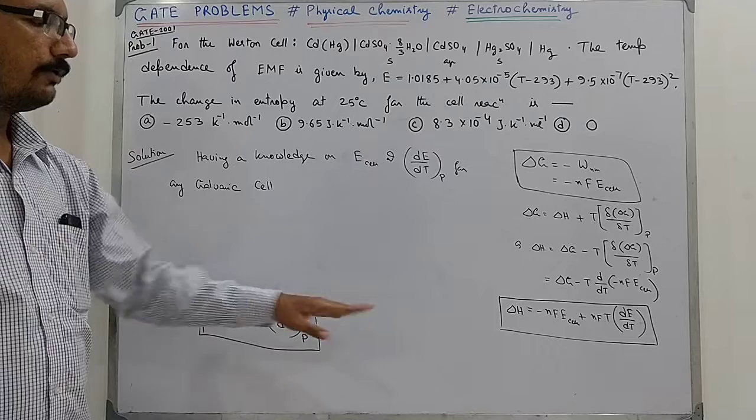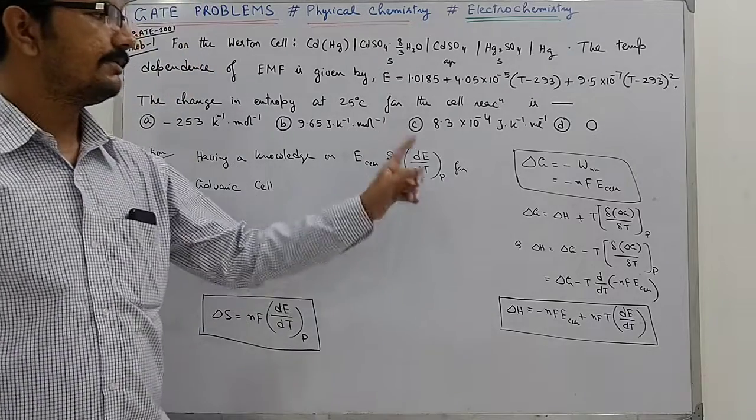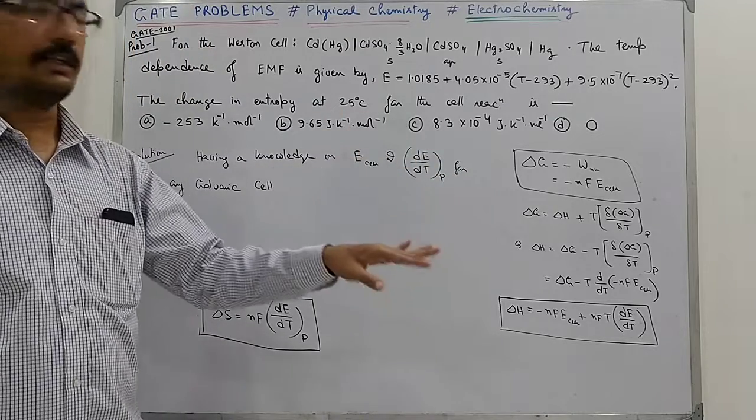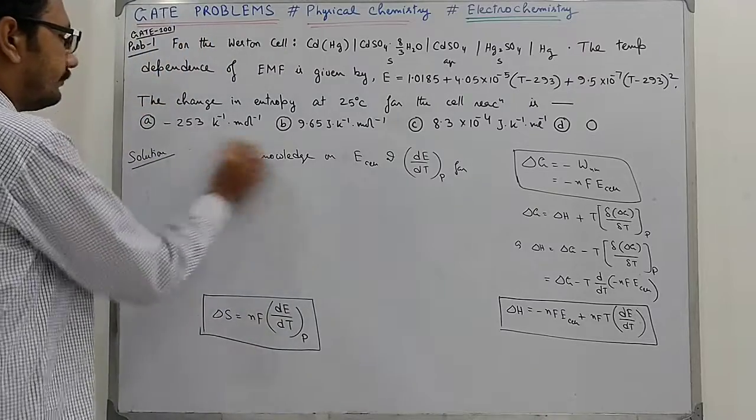So these are the working formulas that will help you to determine the change in enthalpy, change in entropy, change in Gibbs free energy associated with any cell reaction occurring within a galvanic cell. So you have to memorize these three formulas.